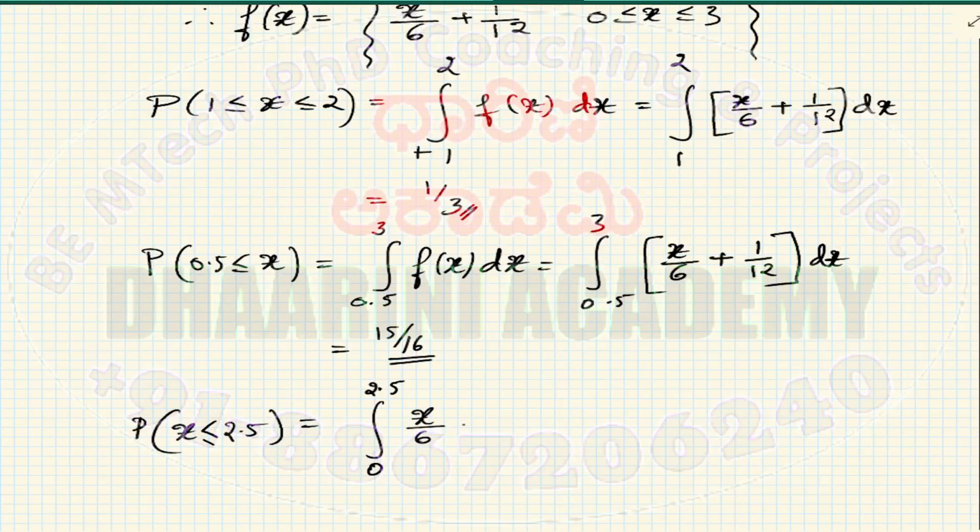So this is the integral of x by 6 plus 1 by 12 dx, which gives 35 by 48.